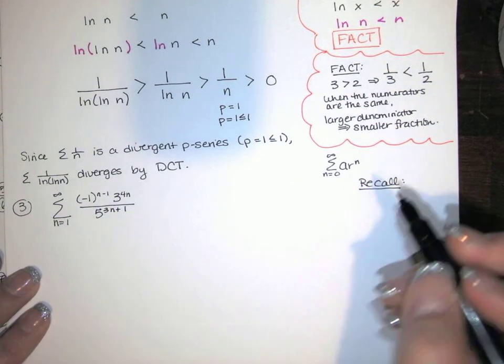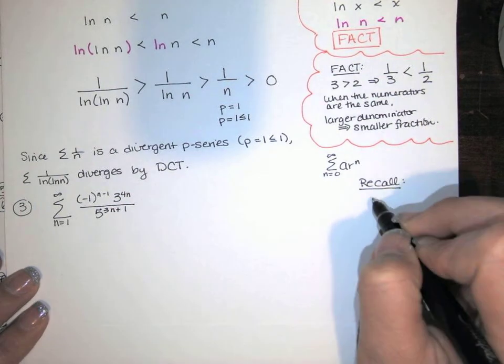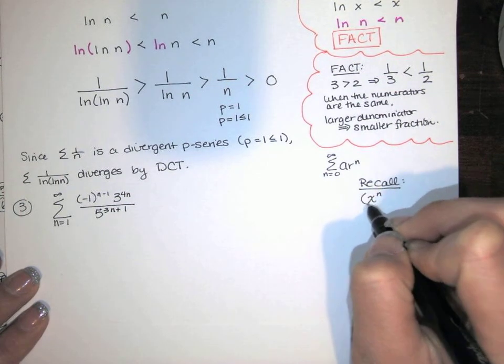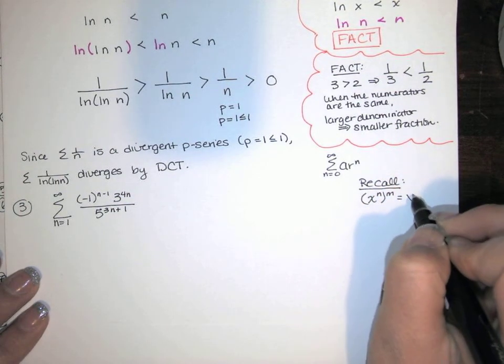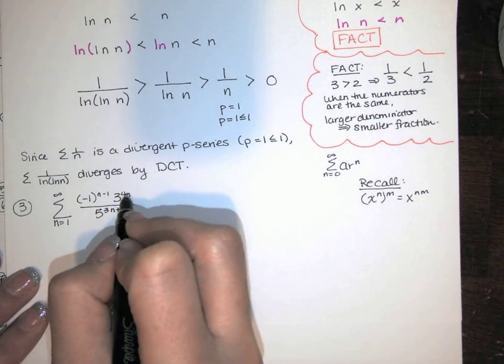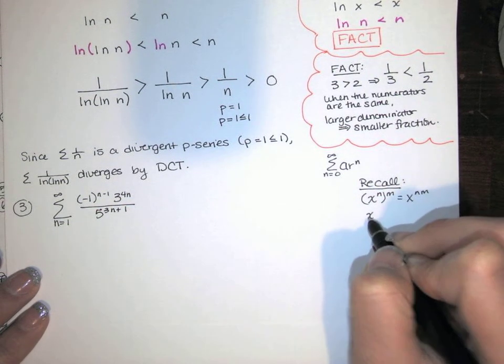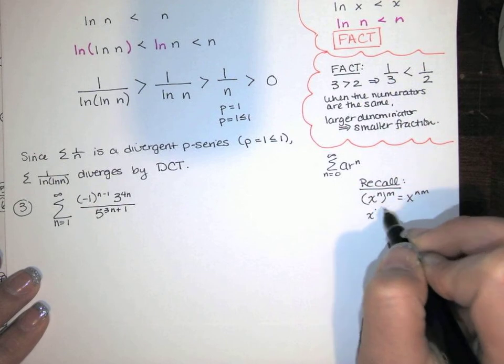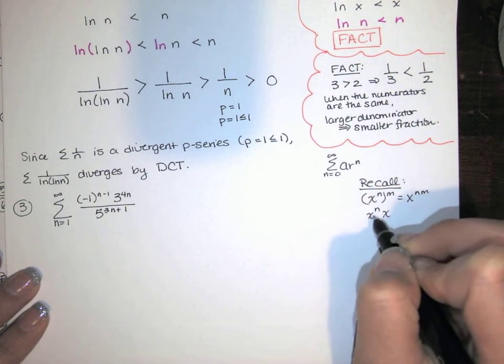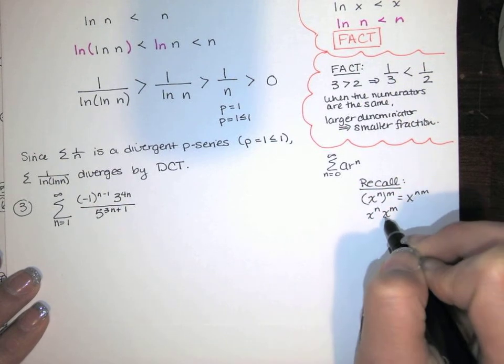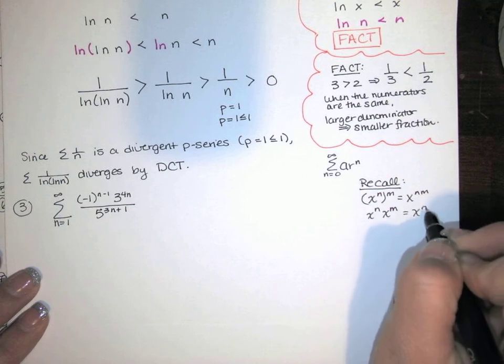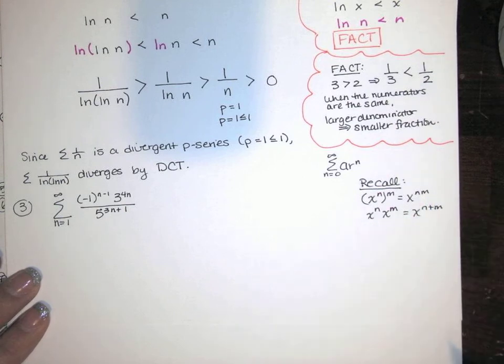Okay, so let's go through our exponent properties. If you've got something raised to a power, you multiply those exponents. So I can use that to rewrite this guy. Down here, I've got a base raised to a power times the same base raised to a different power. Turns out you just add those exponents.